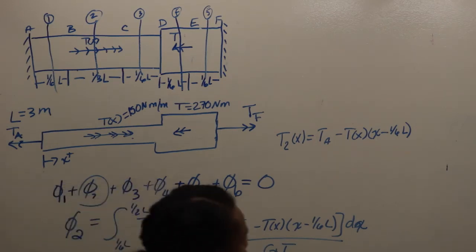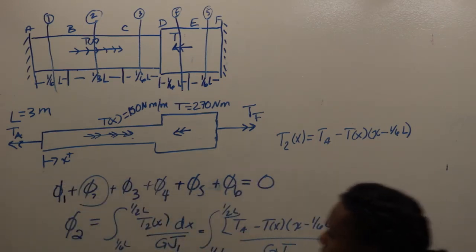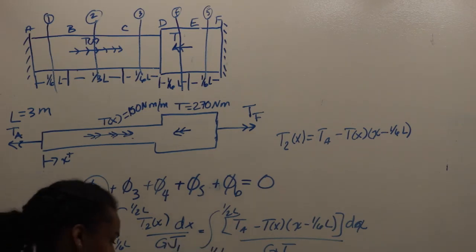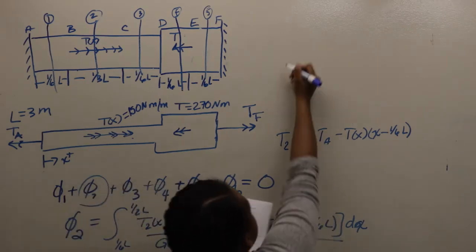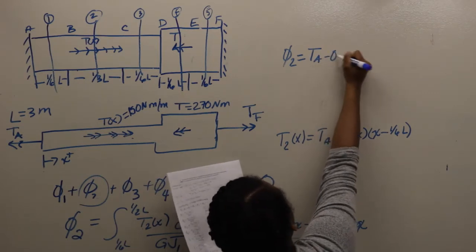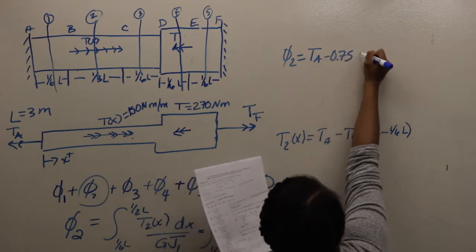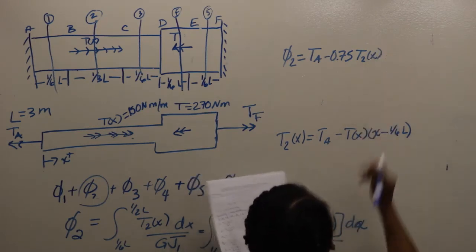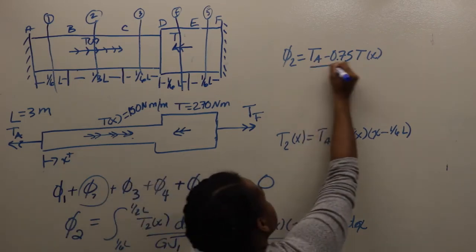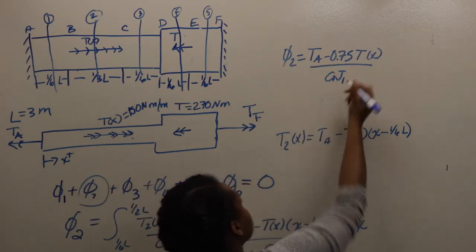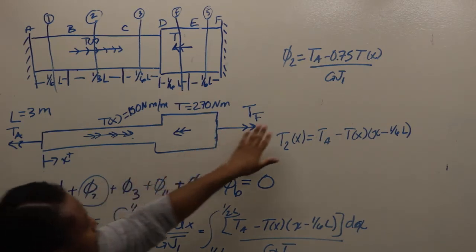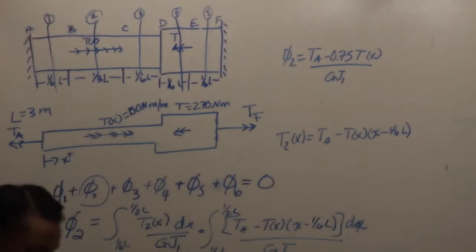That will break down into, once you're done, you shall get T of X. That is what your angle of twist of the second cut is equal to.